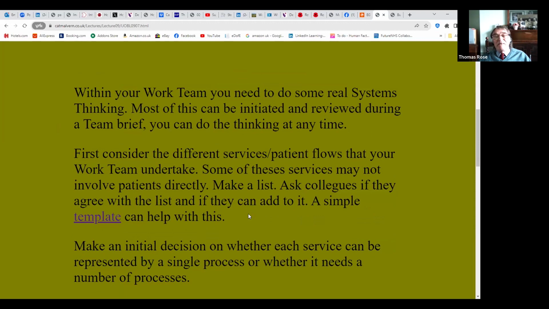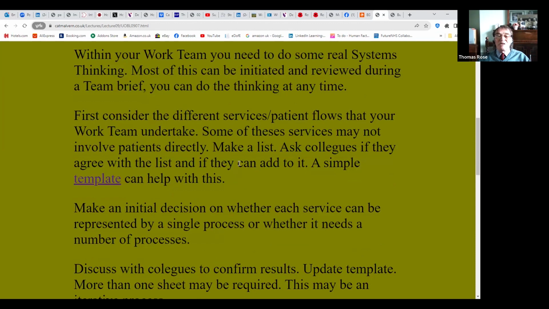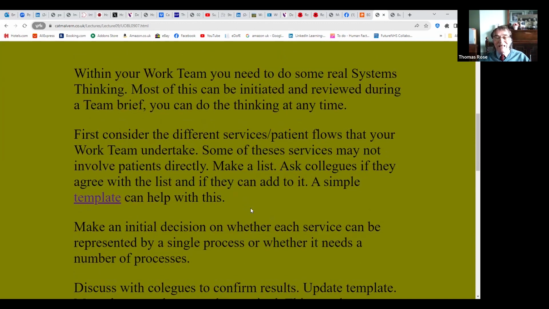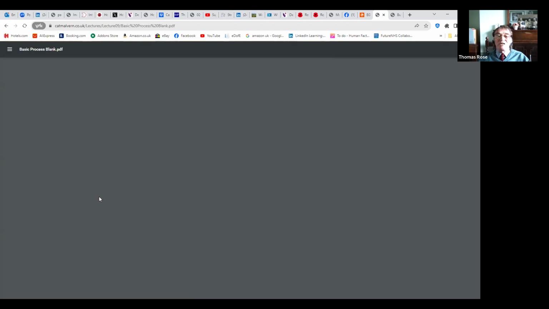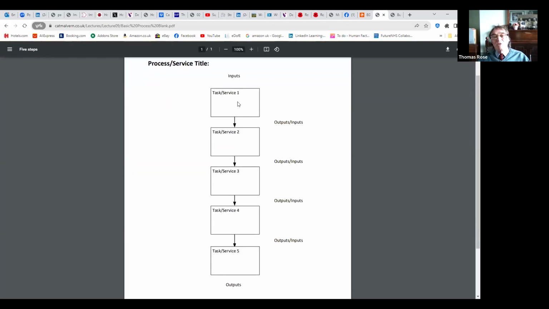Well, first of all, how do you do it, and then how do you make a start at doing it? Well, the first thing is to make a simple list of all of the processes within your little work group, and you can use a template to do that, where first of all you list the tasks. So one group might have, and these are only the key tasks, not the putting the kettle on task, but the key tasks that you do that affect the outcomes of the patient's treatment, and all of those tasks won't be patient-facing tasks.